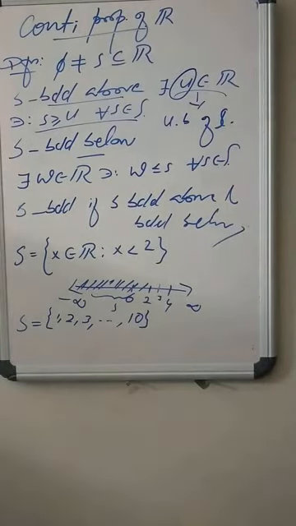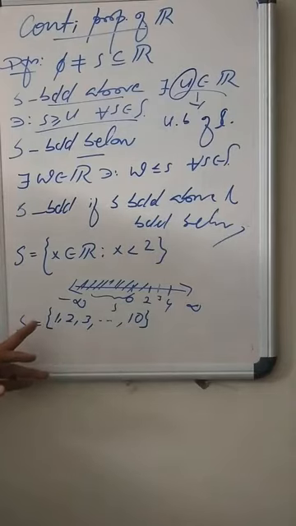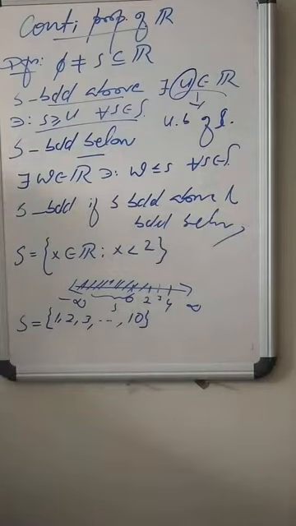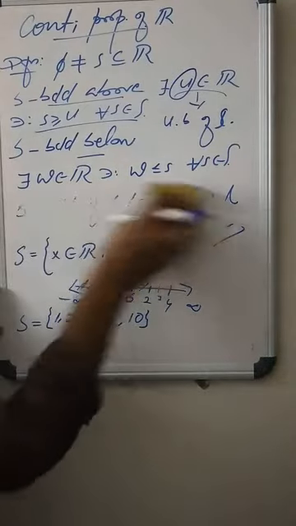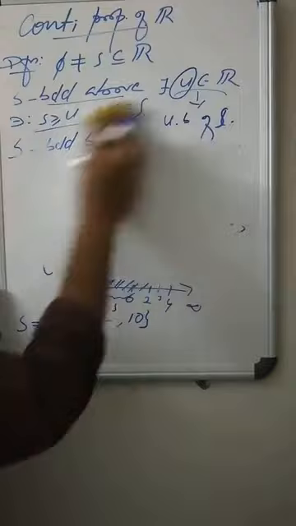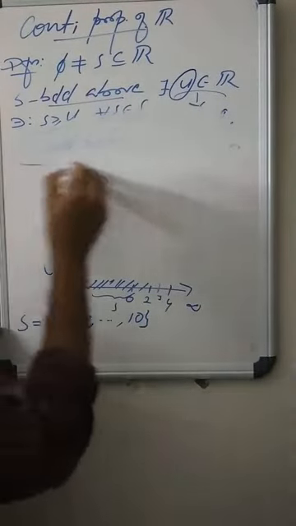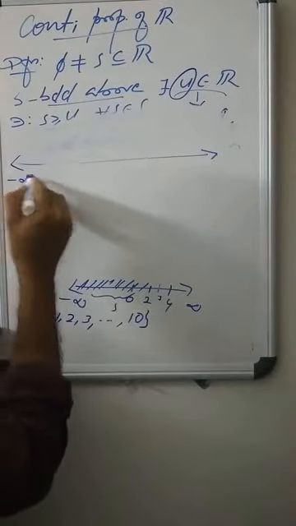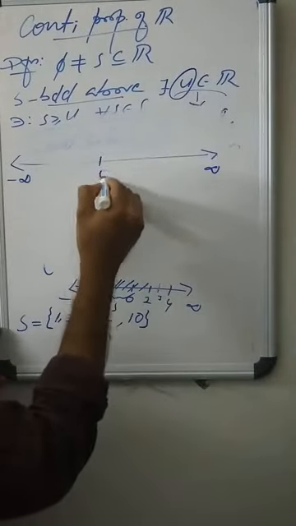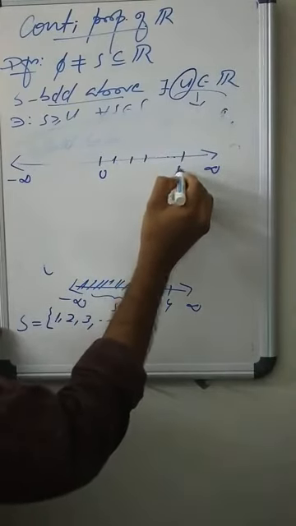Every number here, 1 is a lower bound of S. Why? Consider the set 1, 2, 3, up to 10. On the number line from minus infinity to plus infinity, this is 0, and then 1, 2, 3, up to 10.